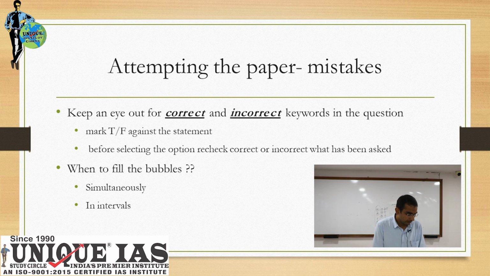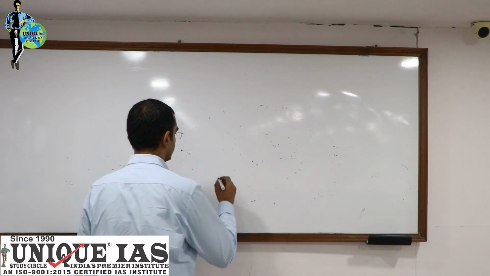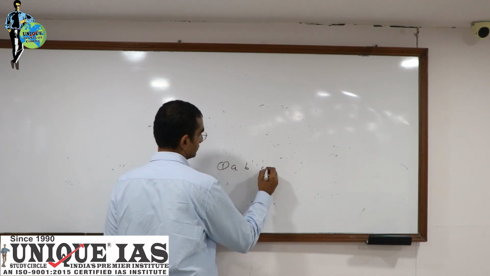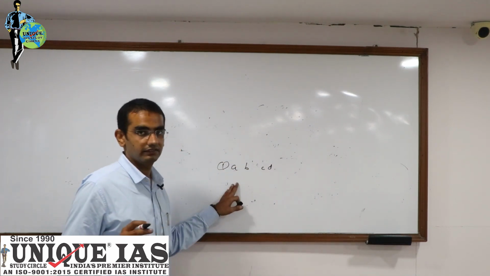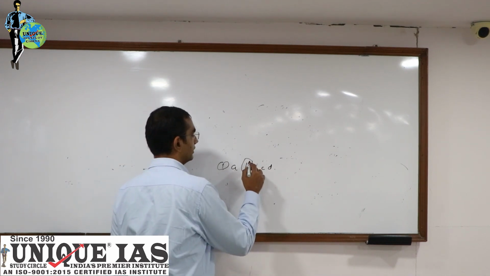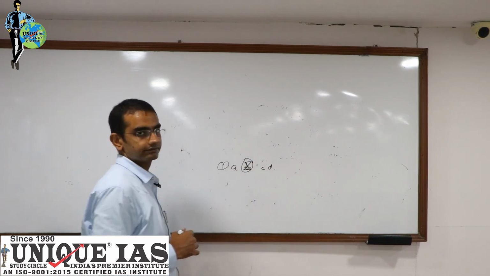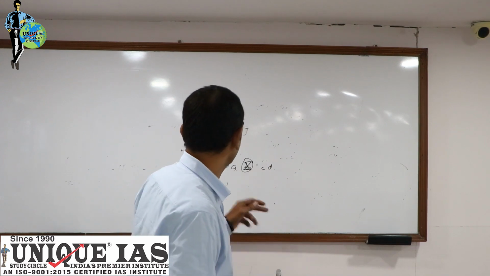Now coming to the point of filling the bubbles simultaneously or in intervals. I have adopted the strategy that you keep a pencil in your hand and fill the bubbles with the pencil, not with the pen. Why?